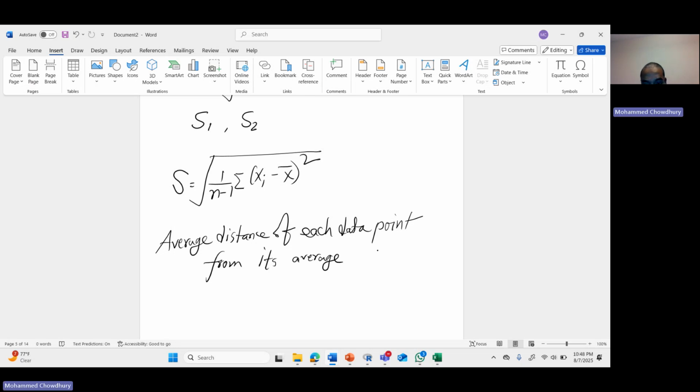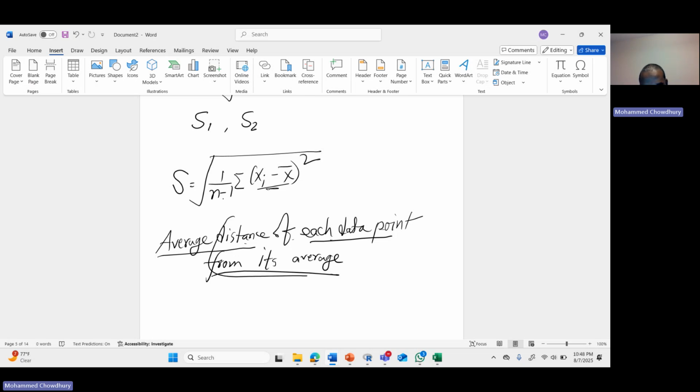Average distance of each data point from its average. So see, average distance. So this is the distance and divided by this. Each data point from its average, this is the distance of each data point from its average.